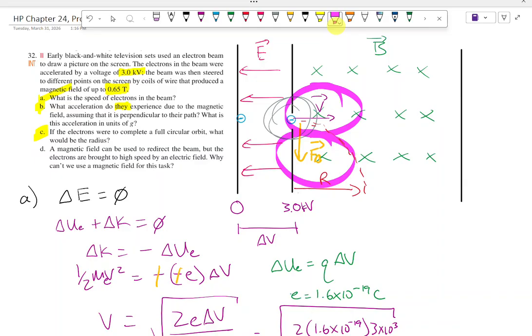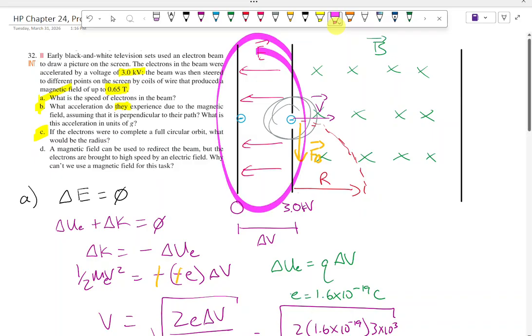Forces that point perpendicular to velocity are what we call centripetal forces. So the magnetic force on a moving charge in classical physics can only change the direction of the charge. It cannot speed the charge up or slow it down. So in order to speed the charge up to that speed, we need to use an electric field. That's essentially why.